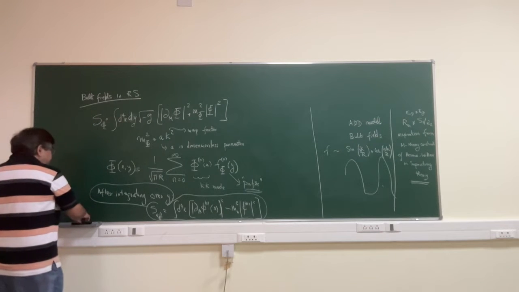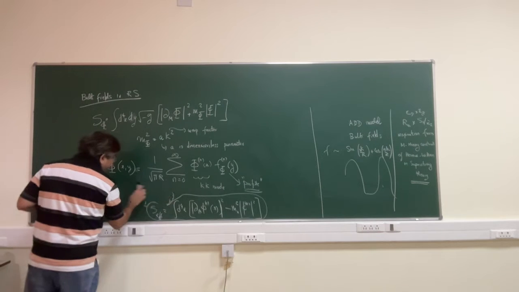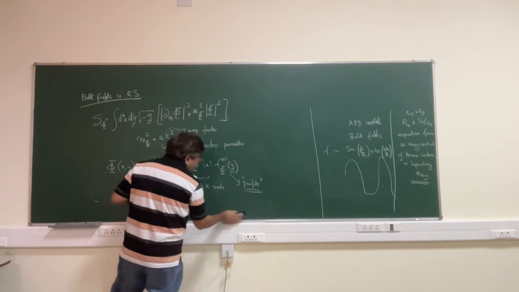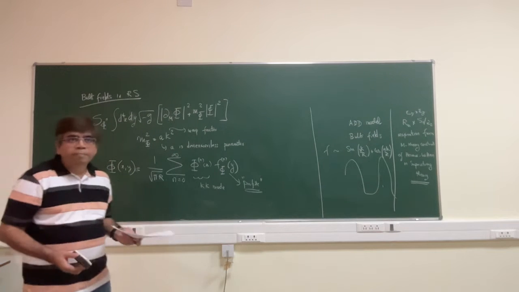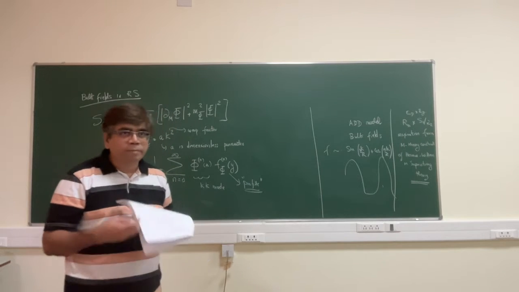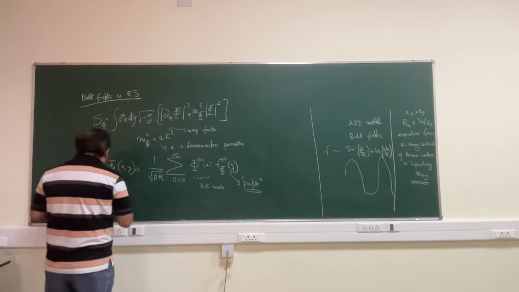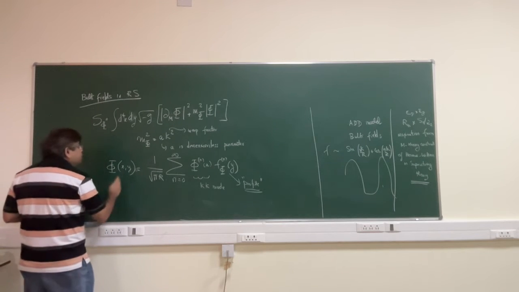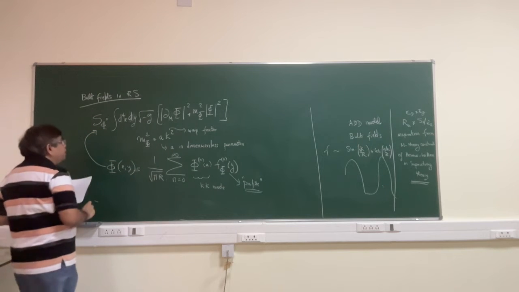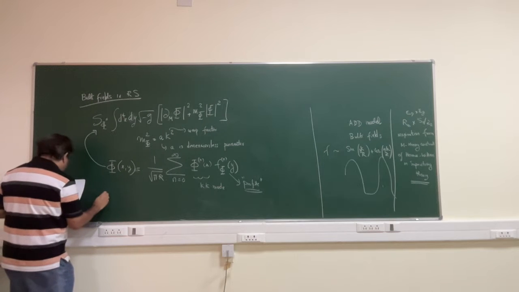So let me write down these profiles f. Whatever I'm going to do is just like quantum mechanics. I assume these functions, I write an equation of motion for these functions, I impose orthonormality relations. So these functions f of n will satisfy, putting this expansion back into the action and deriving the equation of motion, an equation of motion in the y direction.